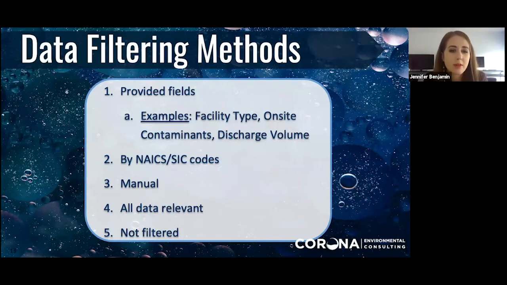Other data sets come with, or can be matched to, NAICS and SIC industry codes. Those data sets are usually the easiest to filter because we can filter them down to the records that have codes representative of the high-risk industries that we're targeting.